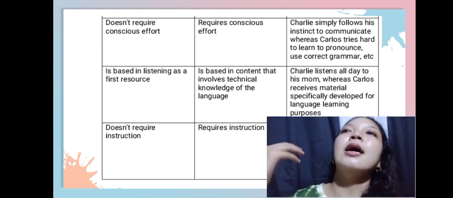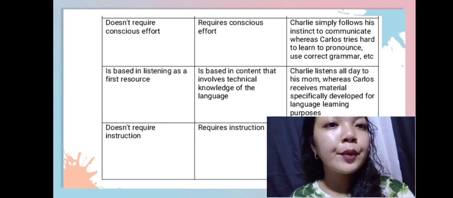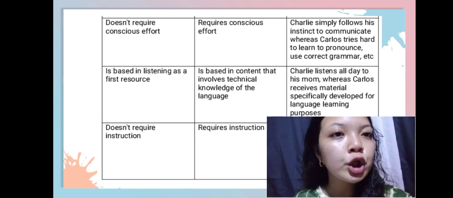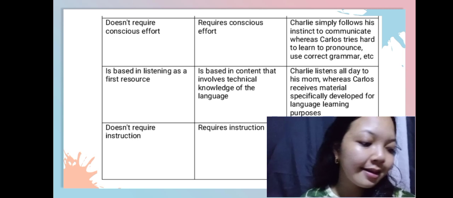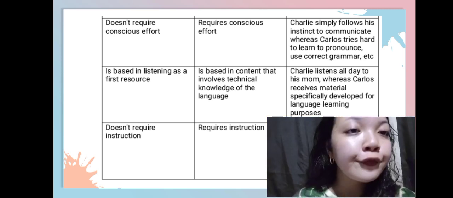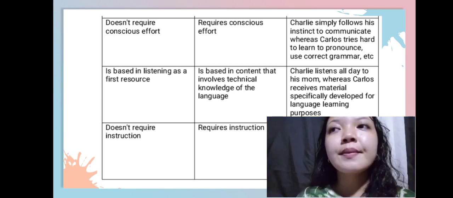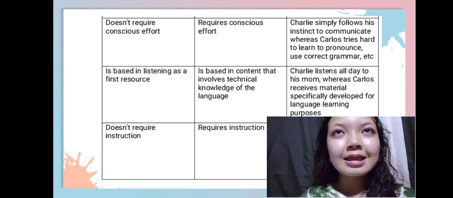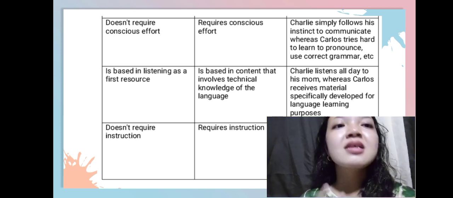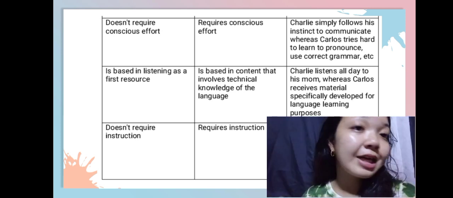Why? For example, yes, I am a Bisaya, but when I am trying to learn my second language, which is English, of course, I need to know the basics, at least the instructions on how I am going to say it, especially the right pronunciation.